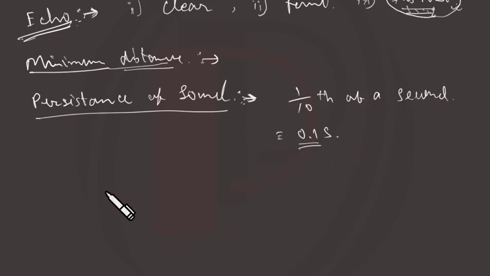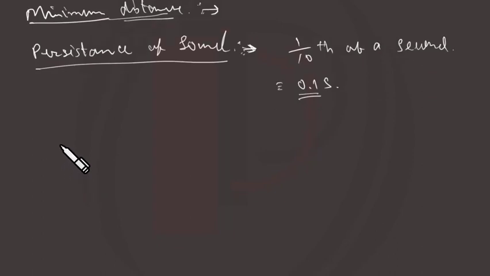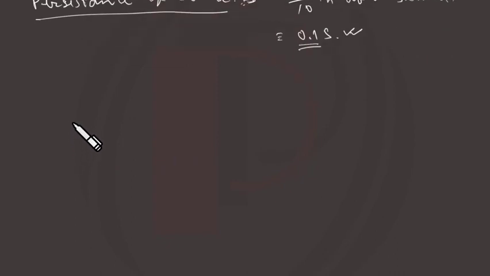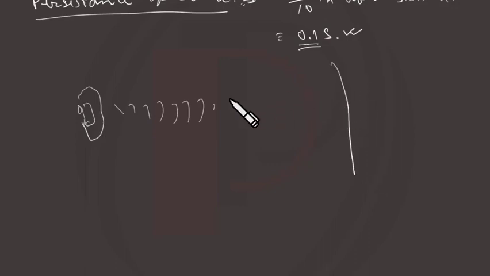Therefore, the first echo that comes to our ear must come after 0.1 second of the original one. So let's say this is our ear, and the source is somewhere here also, and then the sound goes, there is a reflector here, it gets reflected and comes back to our ear.